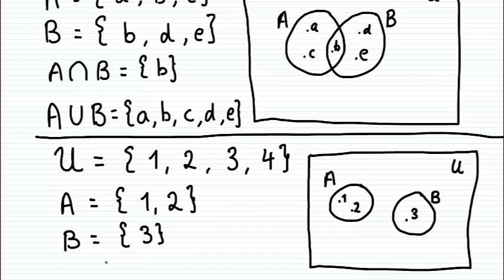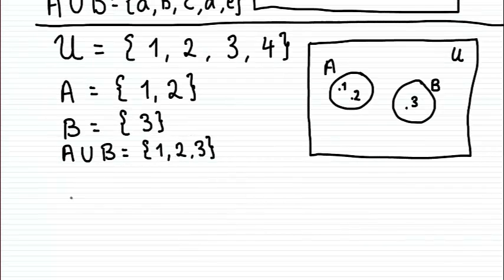Okay, if we look at A union B in this case, the resultant set is the elements 1, 2, and 3. If we were to find the complement of A union B, please remember, with the complement, what we want to do is look at A union B complement.